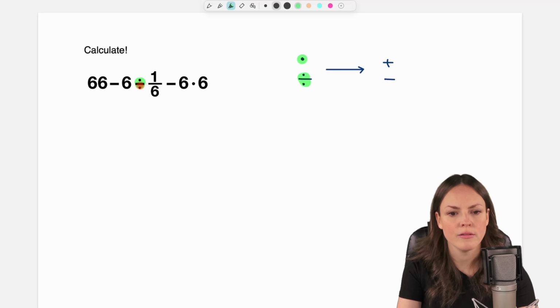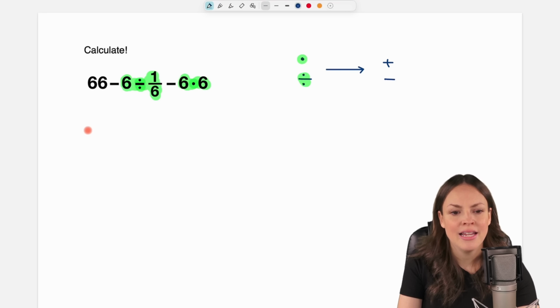So we have our division symbol here and the multiplication here. So we first have to take a look at 6 over 1 over 6 and 6 times 6. Let's do this and let's write down everything else.